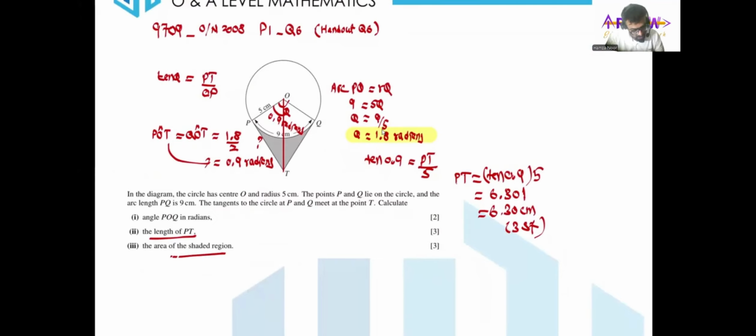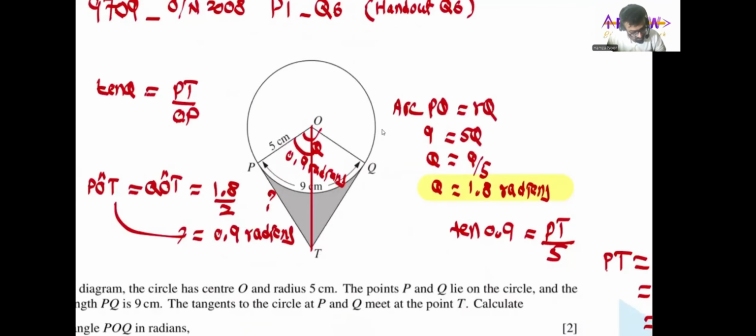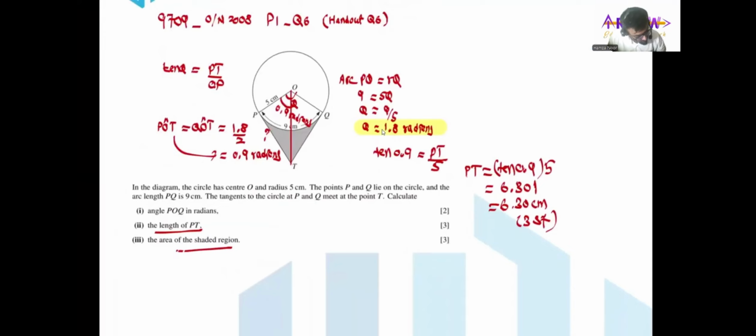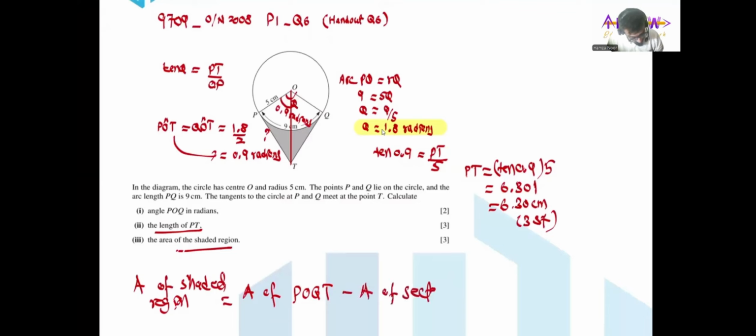In order to find the area of the shaded region, first of all, we are going to find the area of this four-sided figure POQT, and then we will subtract the area of sector POQ.